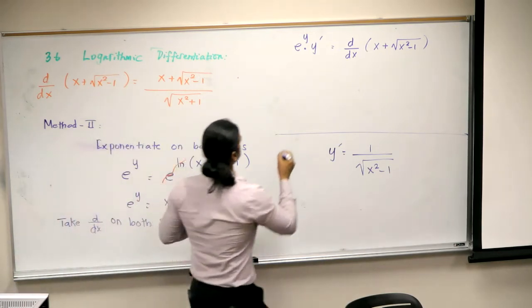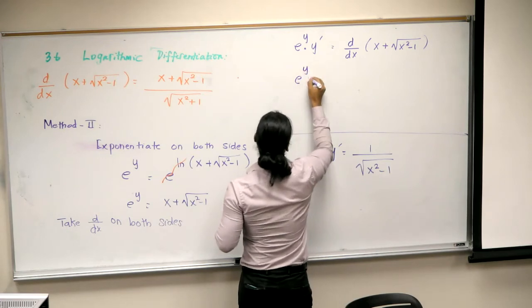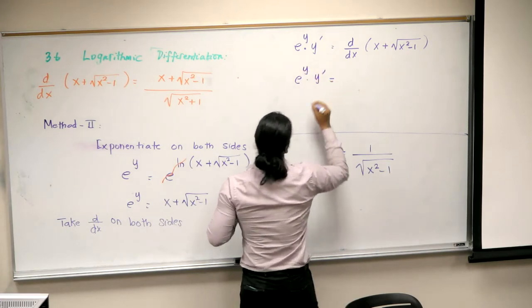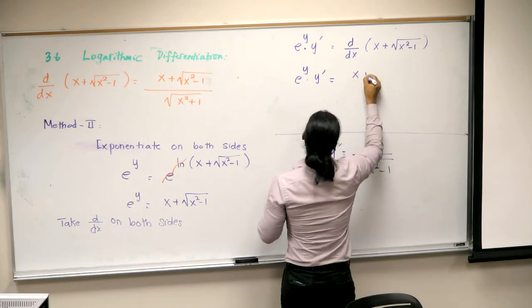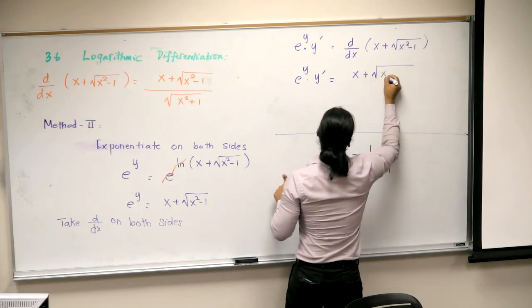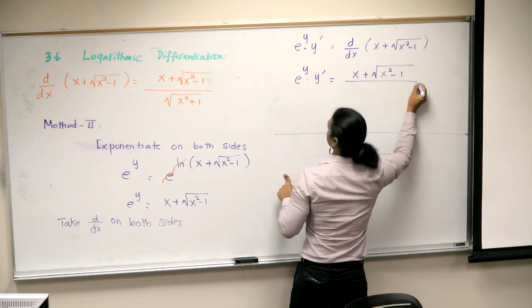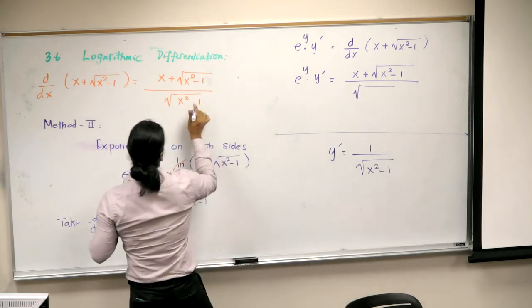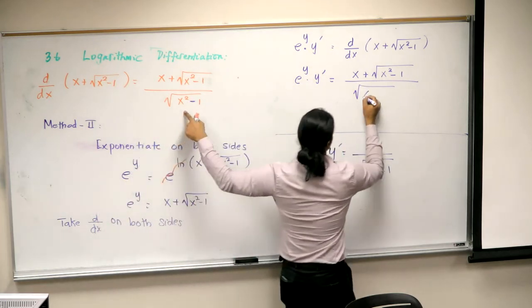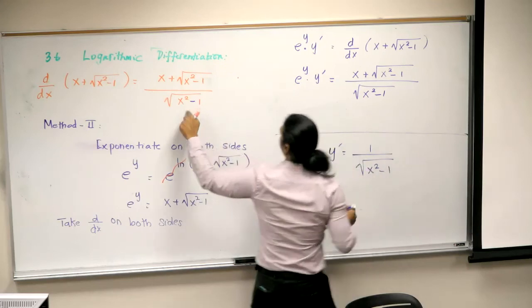I'm just going to throw that in there. Oh, that is x squared minus 1. Do make that change, I made a mistake. x squared minus 1.